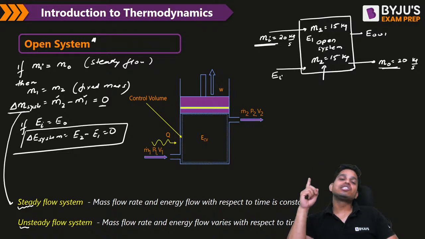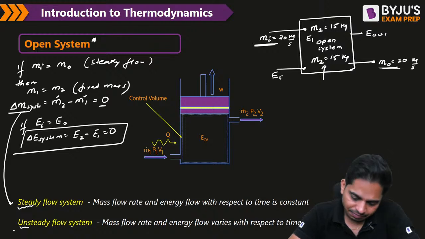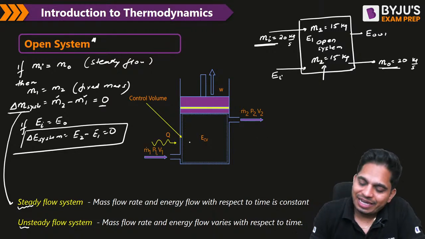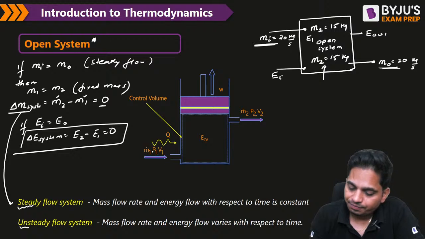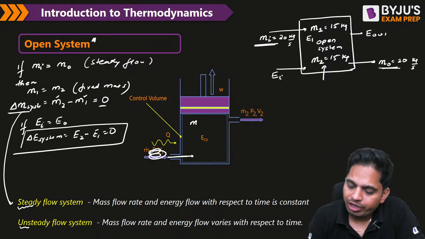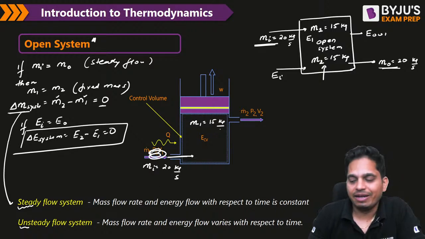Next is unsteady state. Now what does it mean? Let us say it has 15 kg mass, okay? And whatever mass is entering, let us say 20 kg per second is entering.